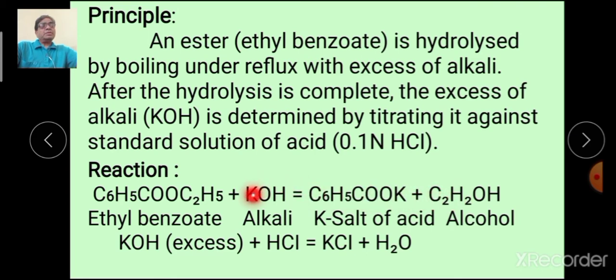Therefore, some amount of this KOH is consumed in this reaction and the excess of KOH which remains is back titrated against hydrochloric acid from the burette, and this is the reaction of acid alkali giving salt plus water, and this excess amount is determined by which we can determine the used amount, and from that the percentage or the quantity of the ester can be determined.